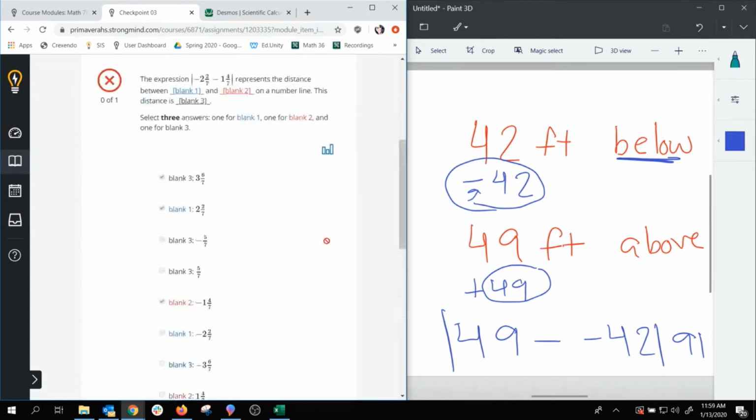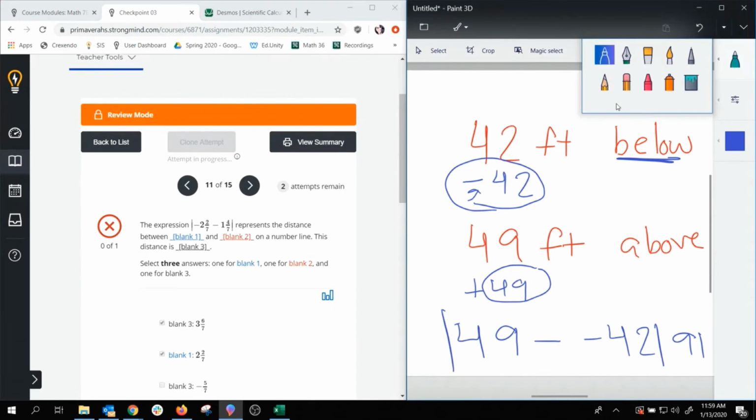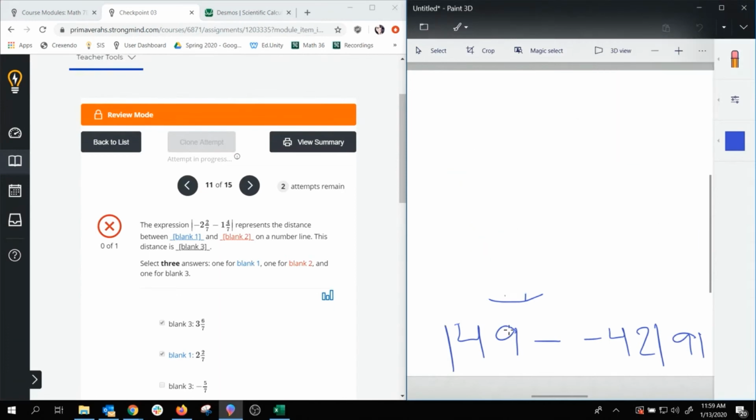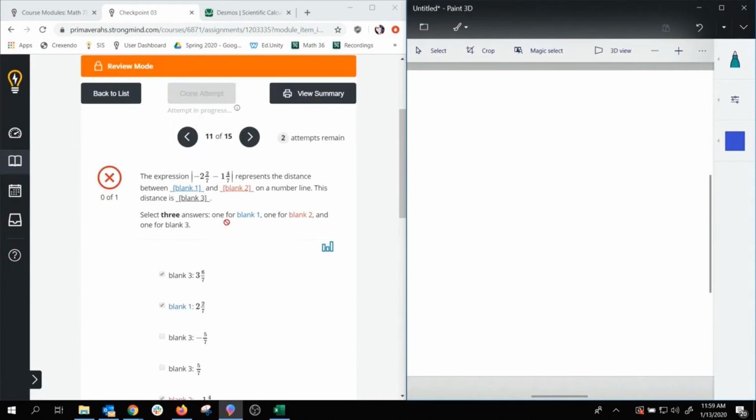All right, number 11. Oh, this one has 3 blanks? Alrighty. Number 11. Okay, so we have this expression. Negative 2 and 2/7 minus 1 and 4/7 represents the distance between blank and blank.